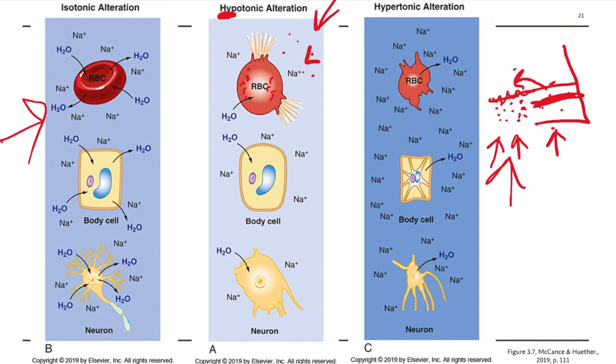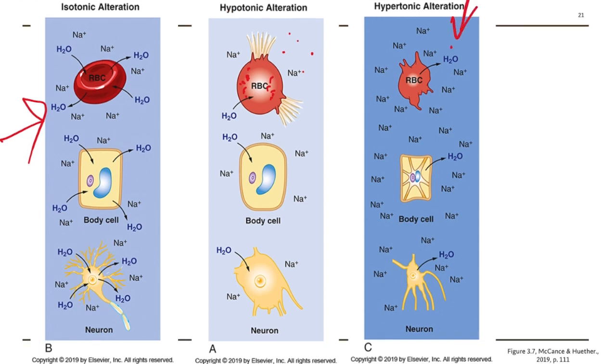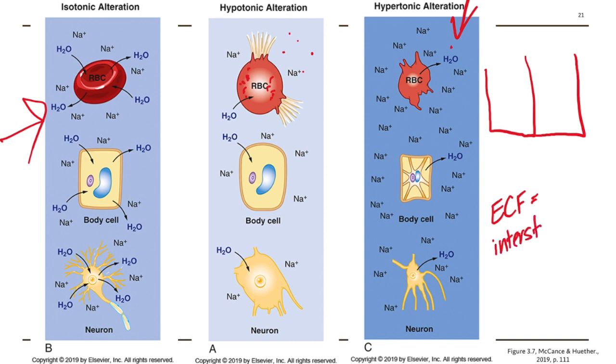So using that logic, what happens when the extracellular space has a hypertonic solution? Again, let's say this is your cell and this is your extracellular space. Remember, your extracellular space includes your interstitial space, but more importantly, it includes your intravascular space.